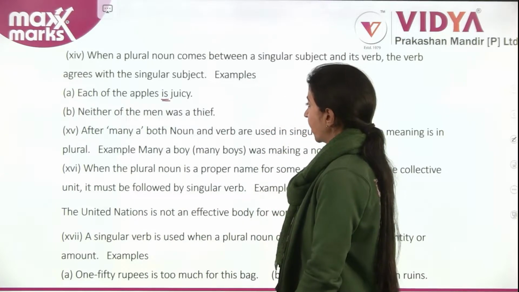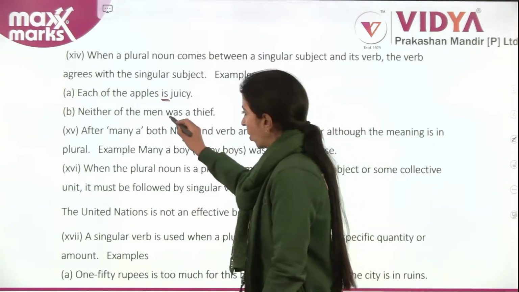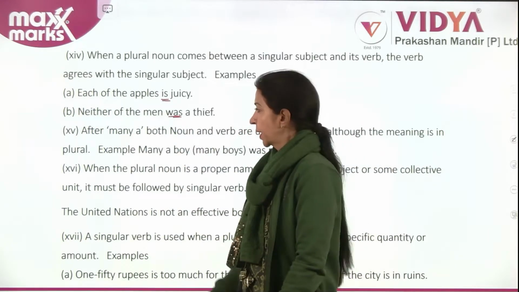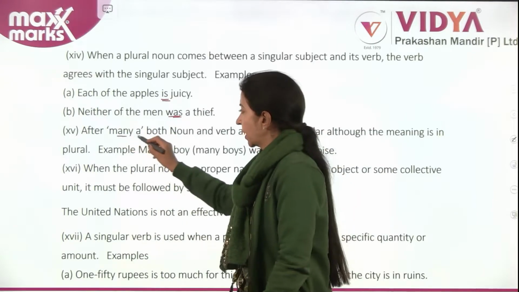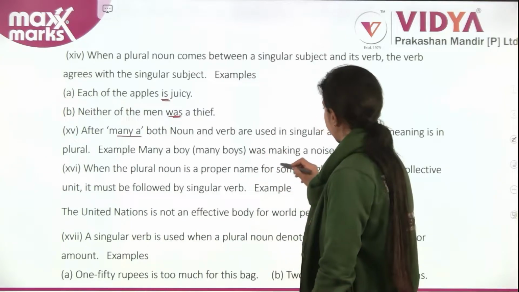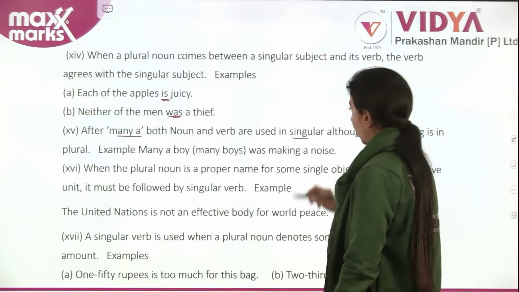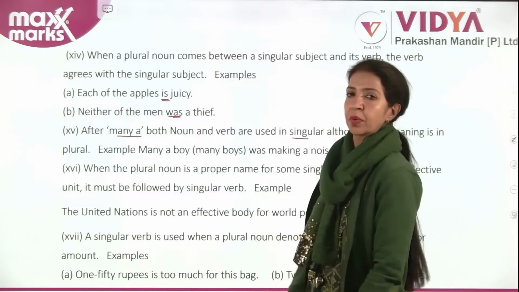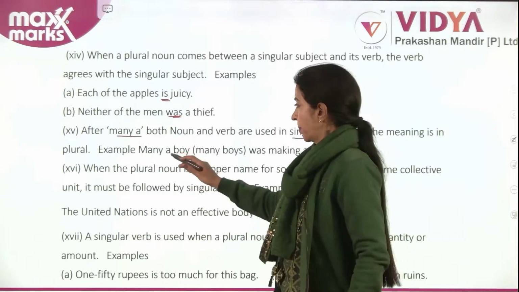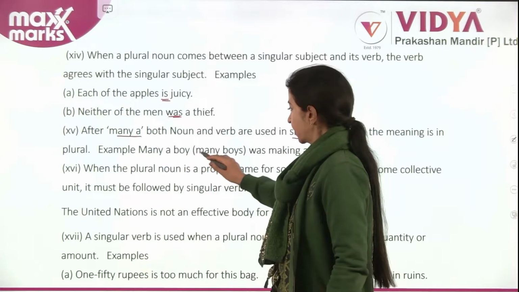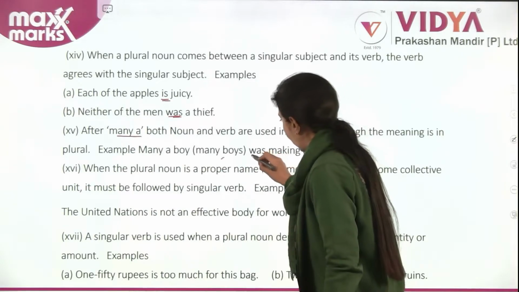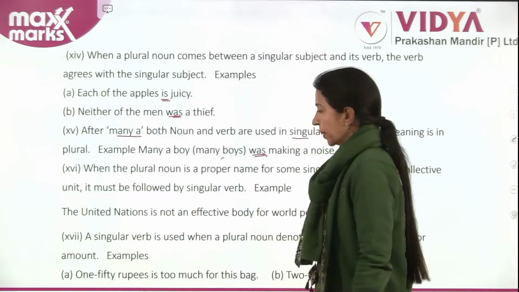Neither of the men was a thief. Next, after many a, both noun and verb are used in singular, although the meaning is in plural. Many a means lot of. Example: many a boy, which means many boys. Many a boy was making a noise.